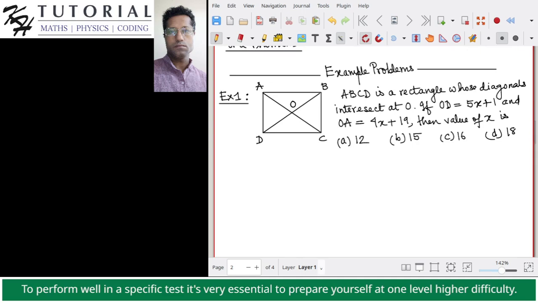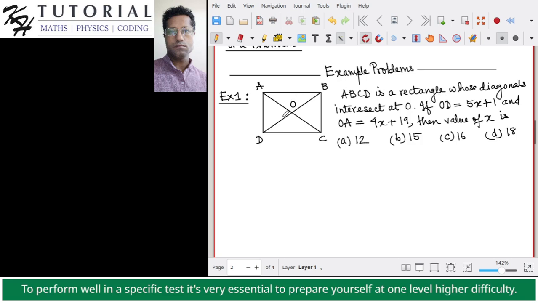Okay. The first problem says that ABCD is a rectangle whose diagonals intersect at O. If OD is equal to 5x plus 1 and OA is equal to 4x plus 19, then the value of x is.